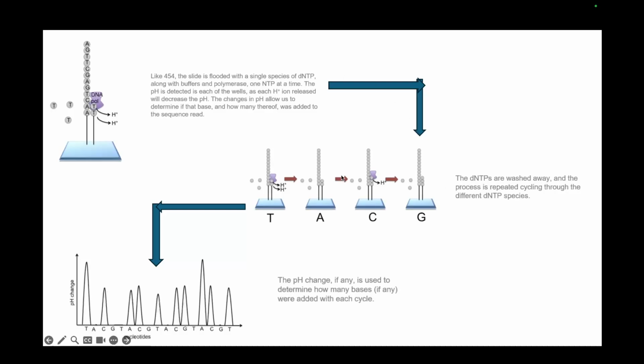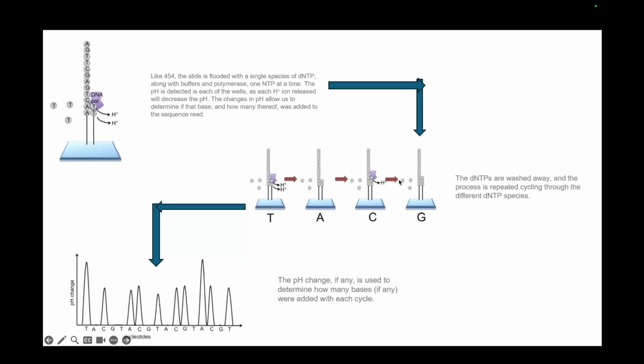After this addition of dNTPs with the help of DNA polymerases, they can be washed away and the process can be repeated, cycling through different dNTP species. So at first you start with only one particular dNTP species, and then you iterate over the rest. So here is an example.